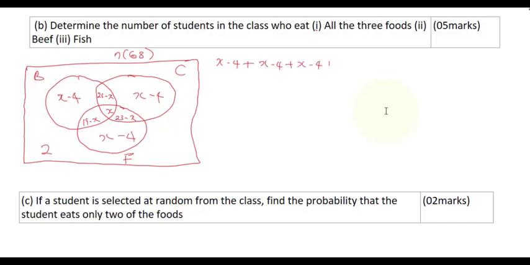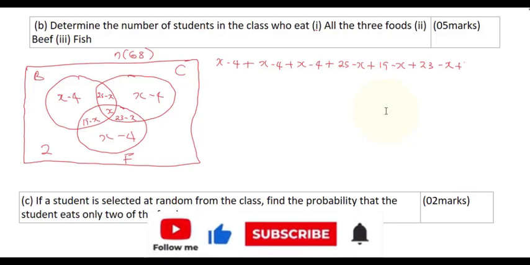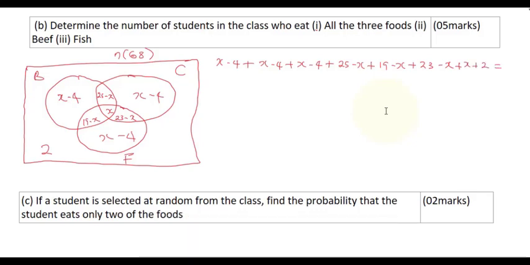Then I'll add plus 25 minus X plus 19 minus X plus 23 minus X plus the X inside, plus 2 is equal to the total, which is 68. Now, notice X is going to cancel minus X, another X is going to cancel minus X, and X here is going to cancel minus X.